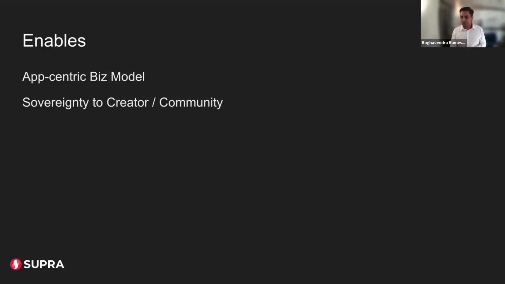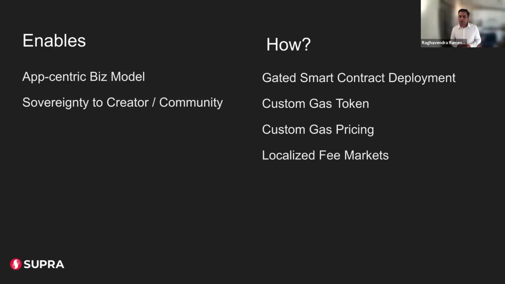So how are these done? If we distill down these high level things of app-centric business model and the sovereignty to the community, it boils down to a small set of primitives. One is gated smart contract deployment. You can't be permissionless in terms of deploying a smart contract.